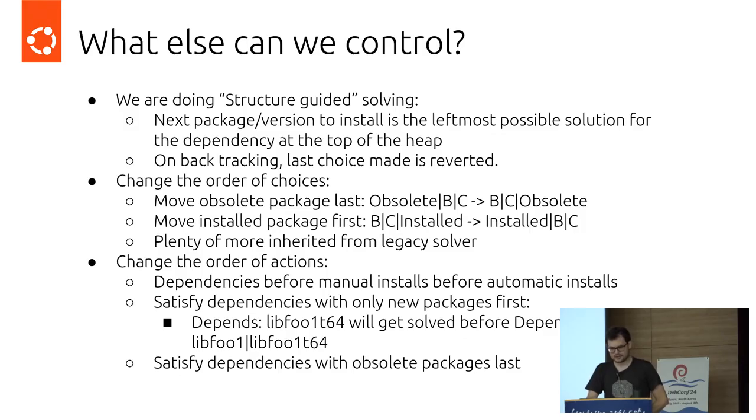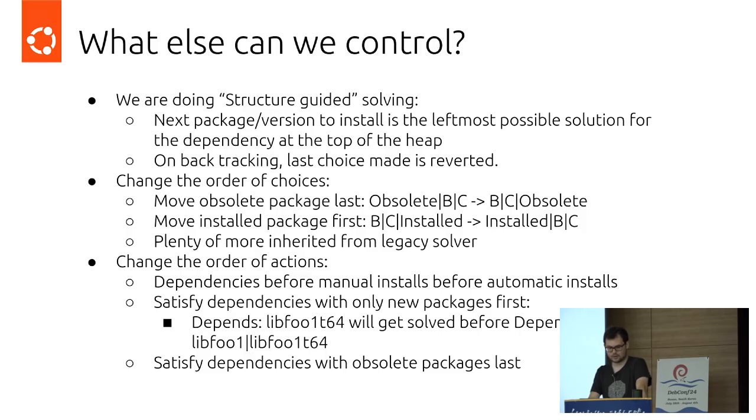And we can also change the order of actions itself, so the order of dependencies. And actually, the manual installs and automatic install requests are ordered with those together. So what I did is I ordered the dependencies before the manual installs and then the automatic installs at the end. Because essentially, as I said, the backtracking is chronological.